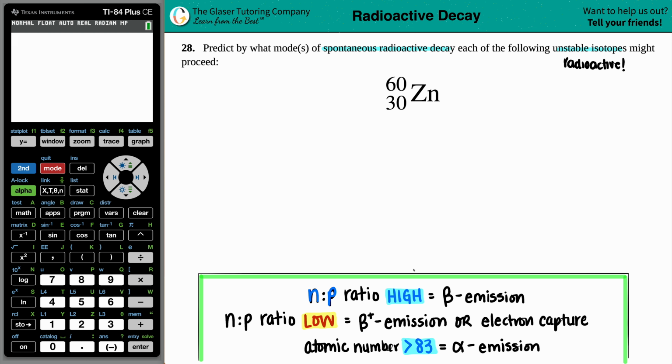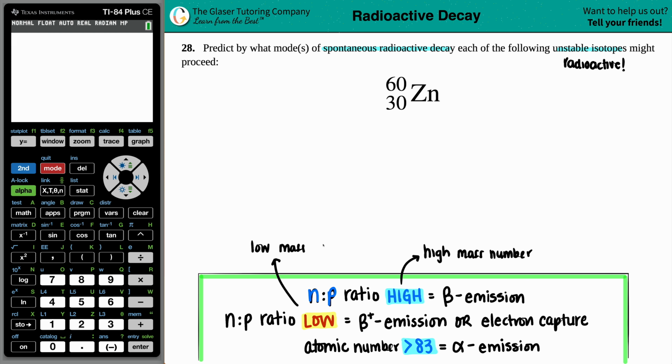There's an easier method. High ratios will correspond with a high mass number. On the flip side, a low N to P ratio means you're dealing with low mass numbers.